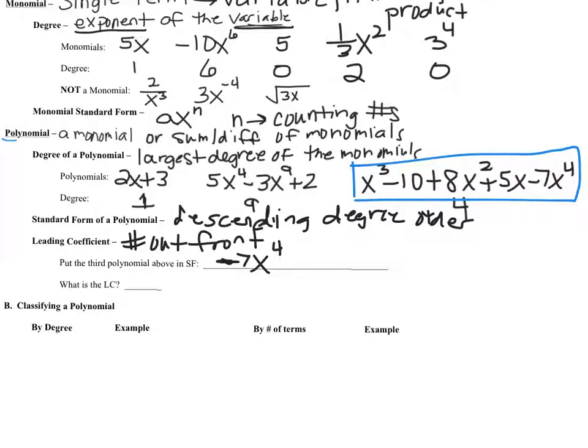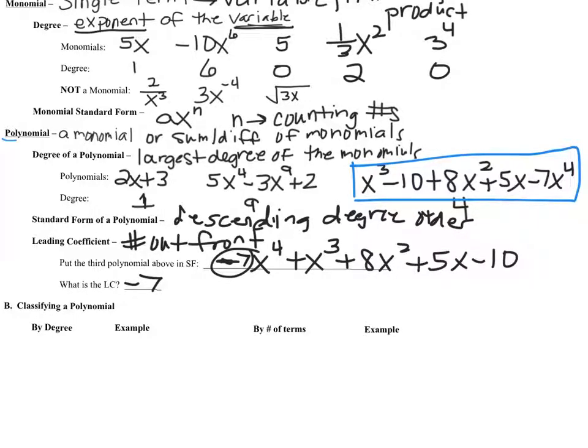Negative 7x to the 4th plus x cubed plus 8x squared plus 5x minus 10. And that should feel better to you. It just looks better, right? Because then I know how long it's going to be if it's in descending order. And what's the leading coefficient? What's the LC, the leading coefficient? Yeah, it's negative 7. It's this number out front that's leading all the rest of the polynomial.